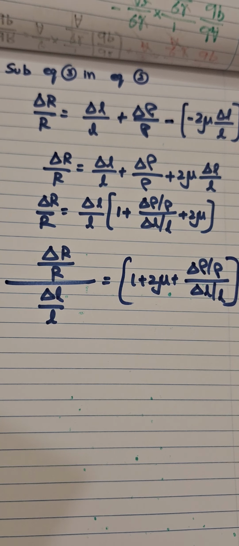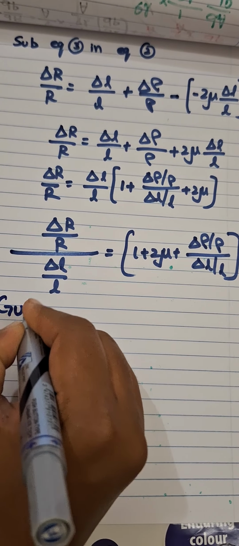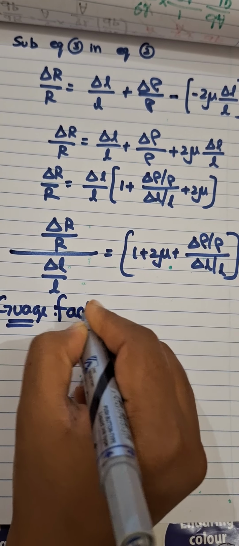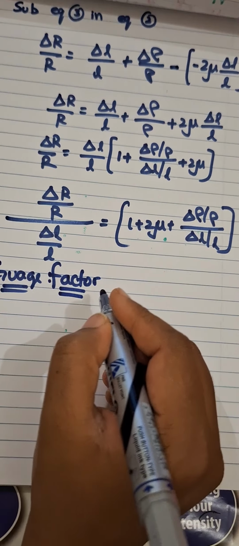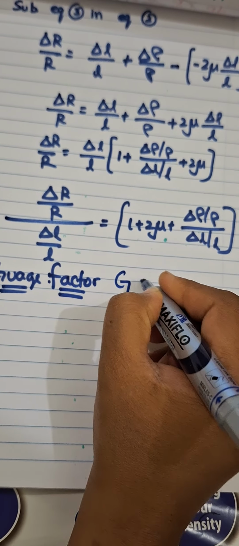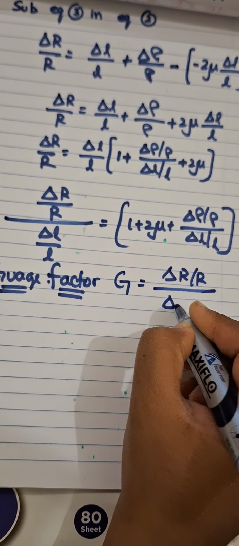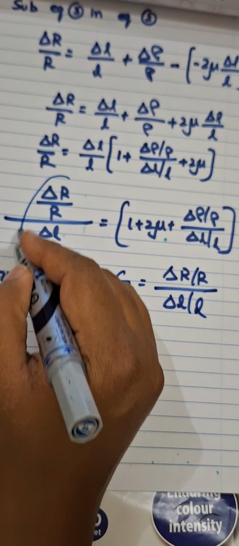Clear? So now here the gauge factor, the strain gauge, right? The gauge factor. So the strain gauge, we are having a gauge factor called G, which is considered as del R by R by del L by L, which is this.